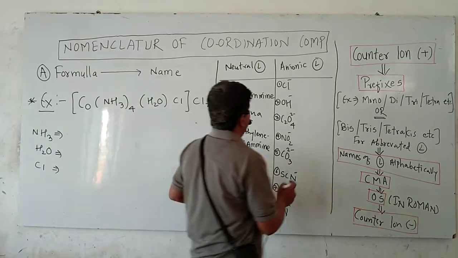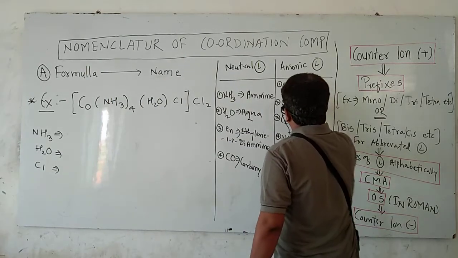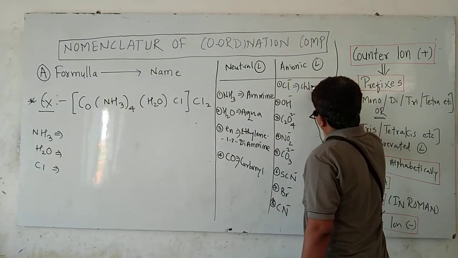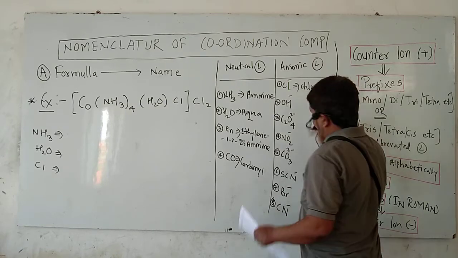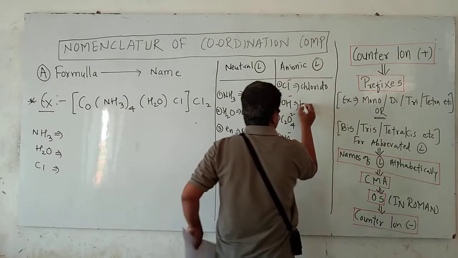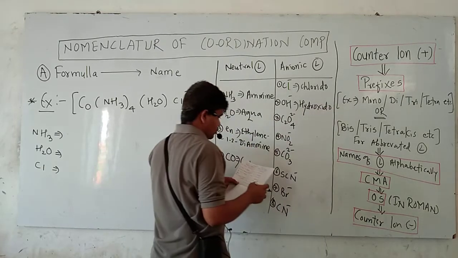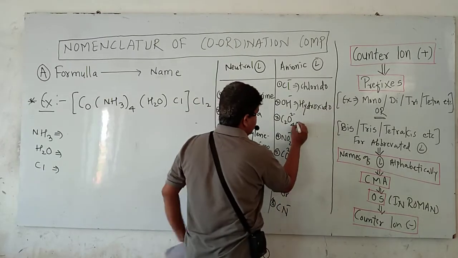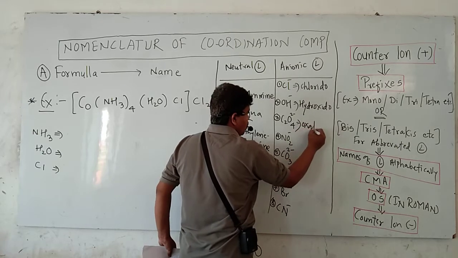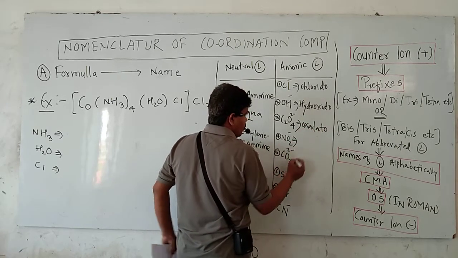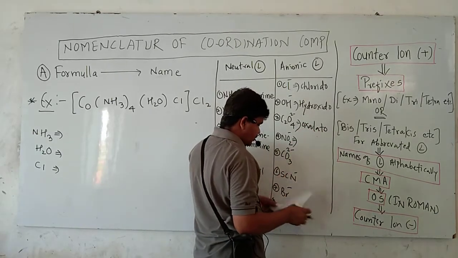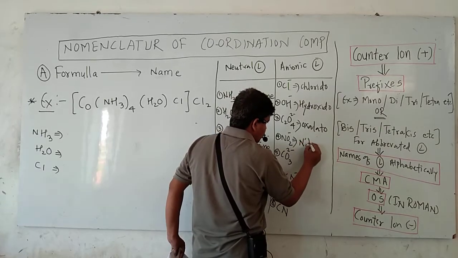Okay. Now, if the ligand is Cl minus, it will be termed chlorido. For OH minus, hydroxido. For C2O4 2 minus, oxalato. For NO2 minus, nitrito.